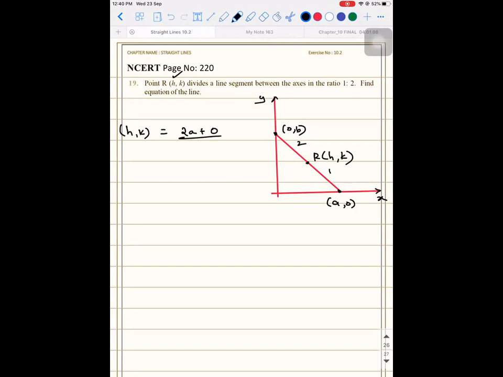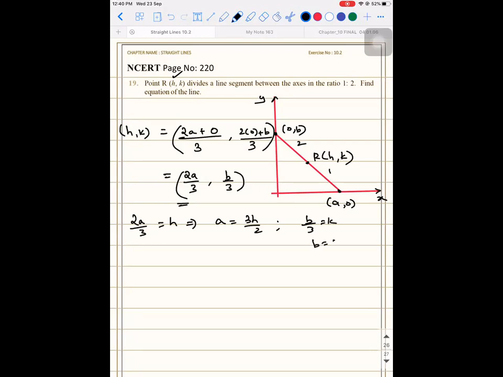2a plus 0 divided by 3 comma 2 into 0 plus b divided by 3. 2a by 3 comma b by 3. So what is the equation of line? So 2a by 3 is h, no, which implies a is equal to 3h by 2. b by 3 is k, which implies b is equal to 3k.